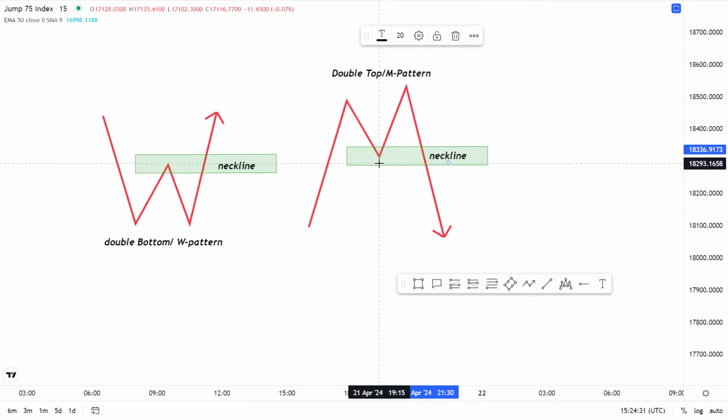The confirmed M pattern would be when we have the break of this support level right about here. A candlestick close below that support level would be a confirmed M pattern, and that's the safest time to get in on the sells, having identified the M and the W patterns.